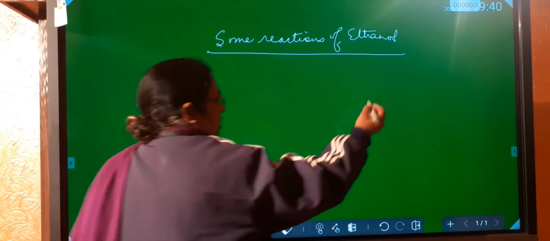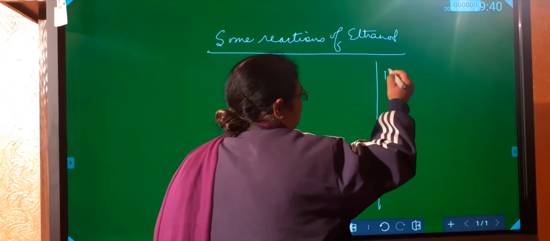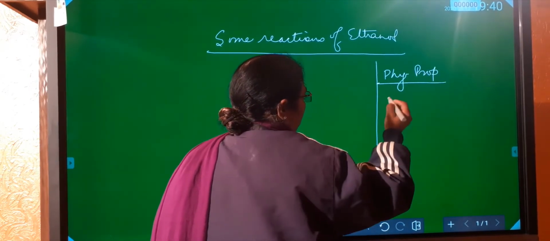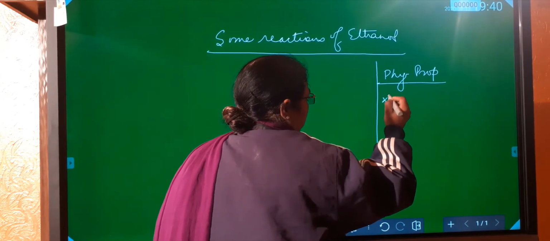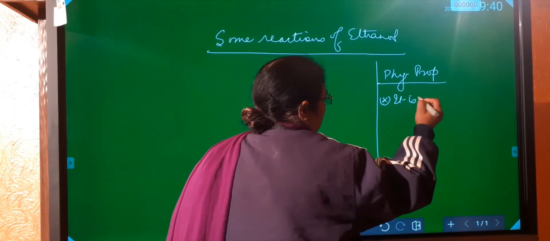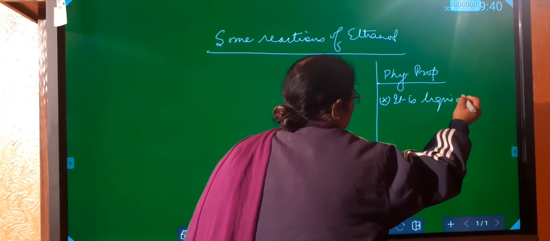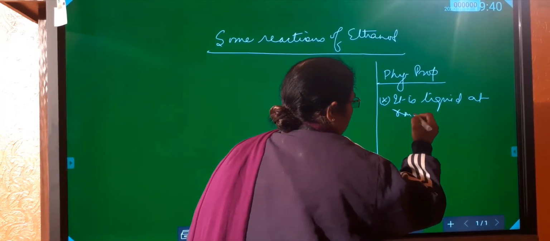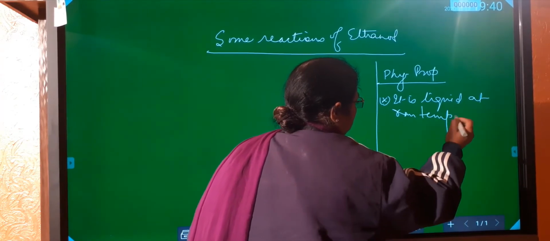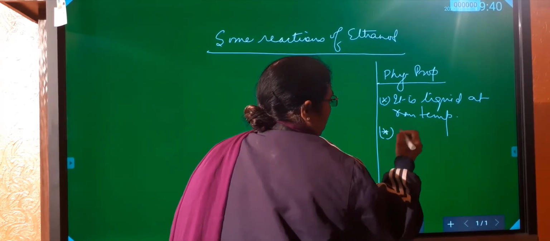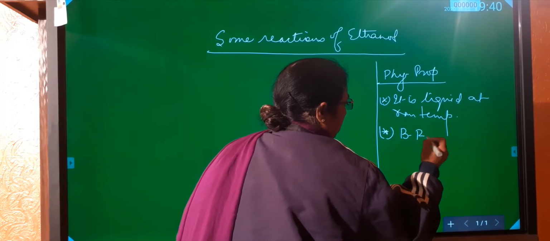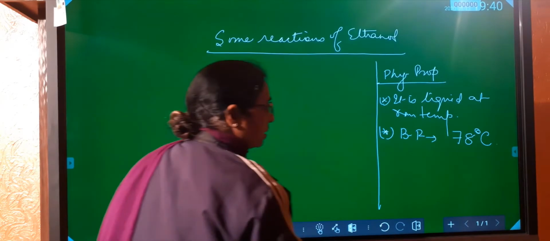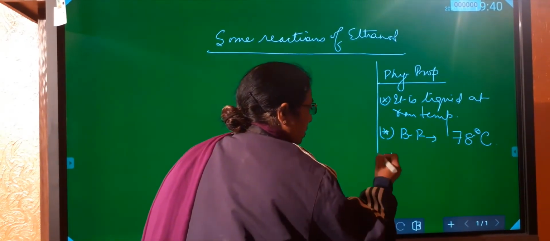सबसे पहले तो इसकी फिजिकल प्रॉपर्टीज को देख लें, है ना. इथेनॉल is liquid at room temperature. ठीक है, और इसका बॉइलिंग पॉइंट कितना है? बॉइलिंग पॉइंट is 78 डिग्री सेंटीग्रेड.